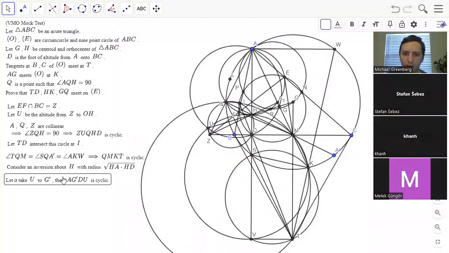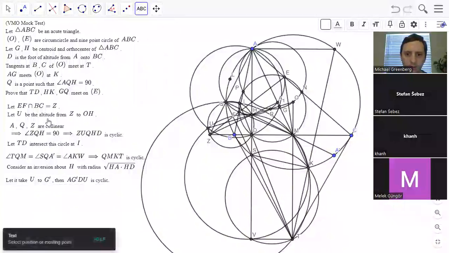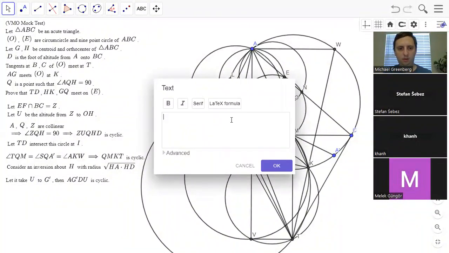Okay, so it takes Z to A1 and D to A. Z to the A D point.